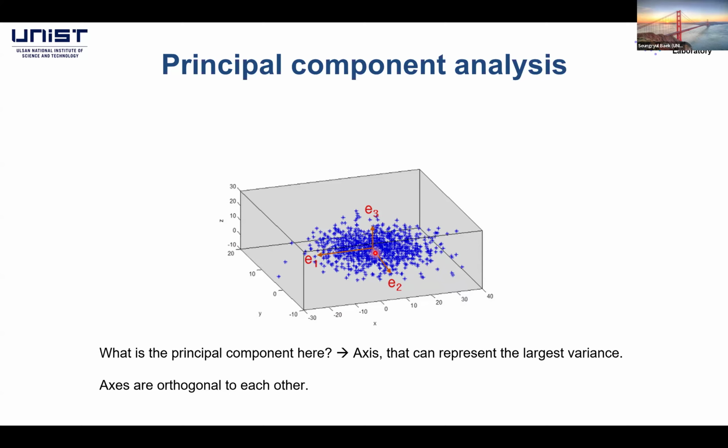And what PCA, principal component analysis, wants to achieve is to select new axes that can represent the data efficiently, which means they first pick the axis that has the largest variance.